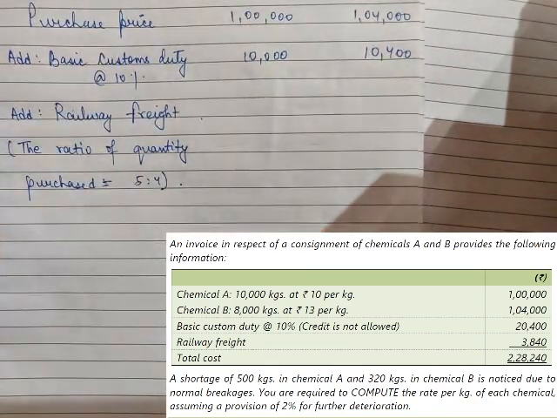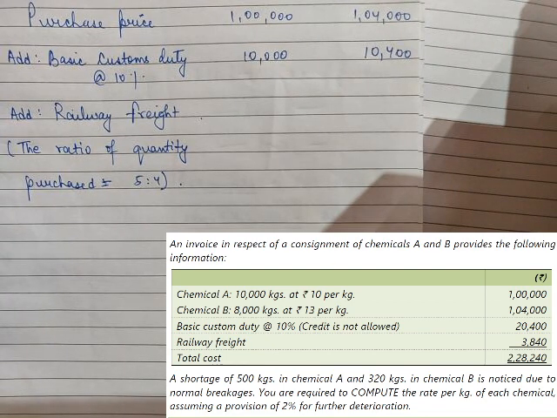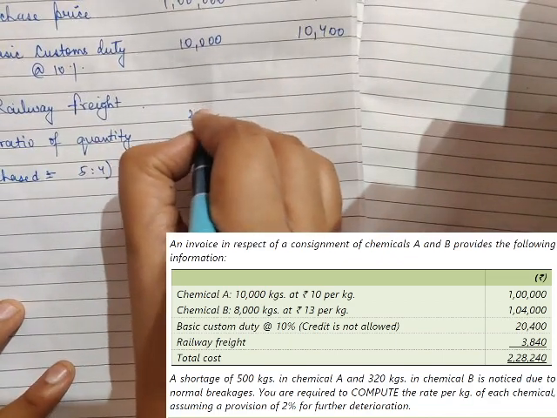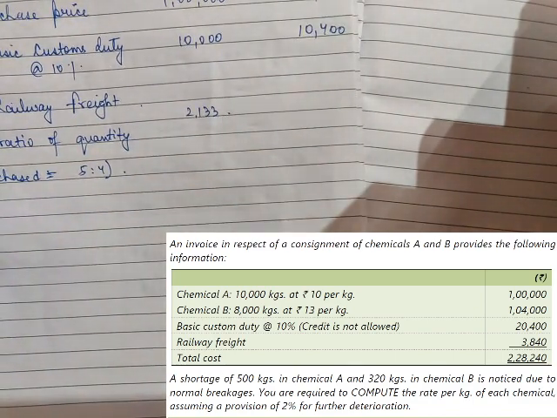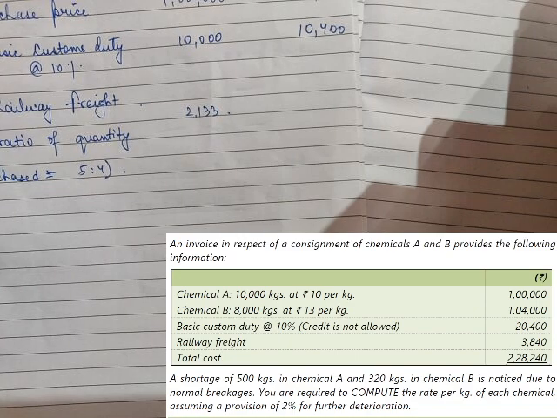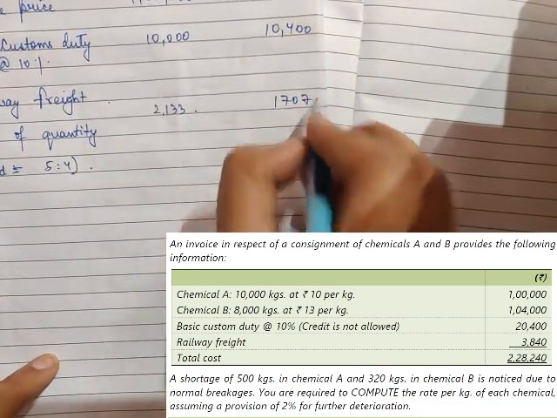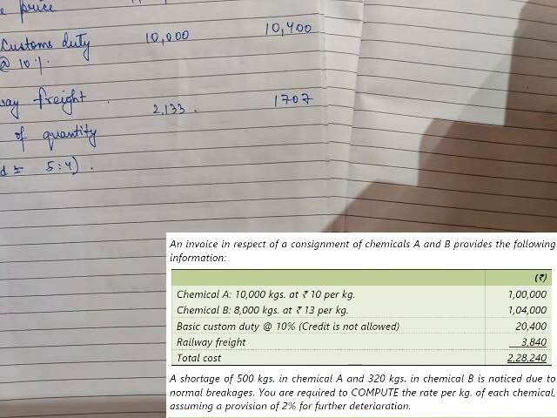So we'll divide the total freight 3840 into 5 divided by 9, giving us 2,133 for chemical A, and 3,840 into 4 divided by 9, giving us 1,707 for chemical B. Now we have considered all the costs.